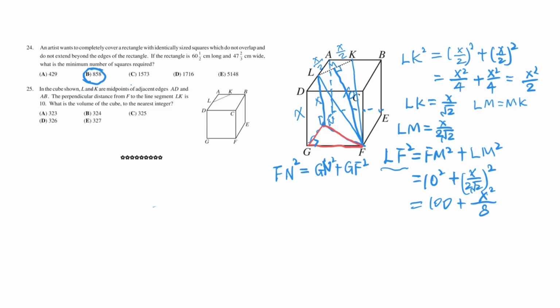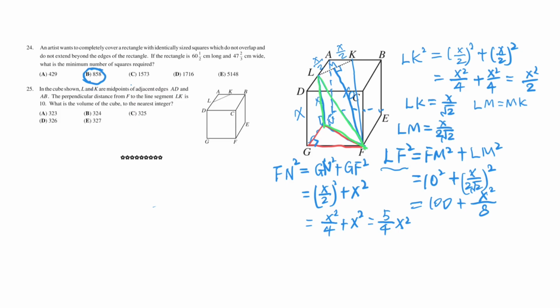GN is half of x. GF is the side length x. So that's x square over 4 plus x square, that's 5 over 4 x square. Right triangle LFN.